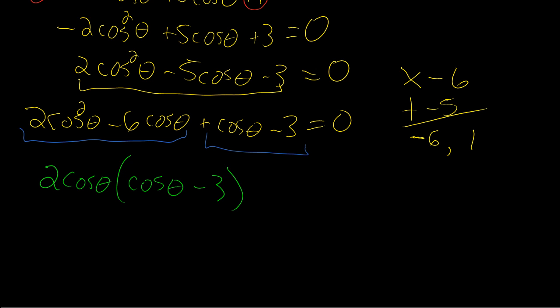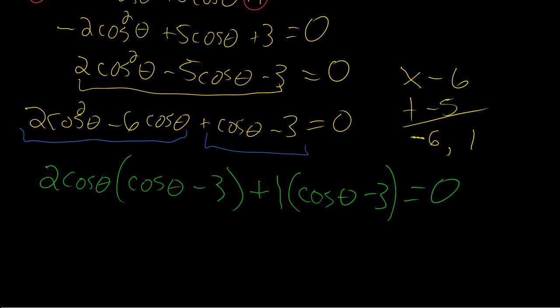Let's just make sure. 2 cos times cos is 2 cos squared. 2 cos times -3 is -6 cos. Yep. For the second part there's nothing we can remove, but just for ease, take out a +1.